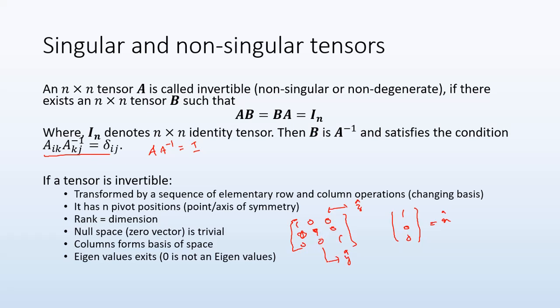And talking about the eigenvalues of this matrix, 0 is not an eigenvalue. Eigenvalue has some more physical meaning than just being a value.